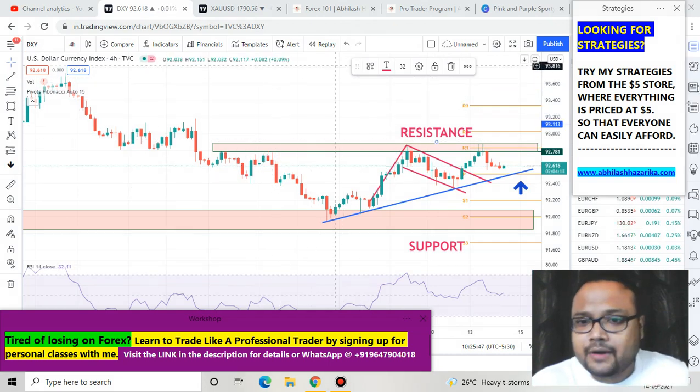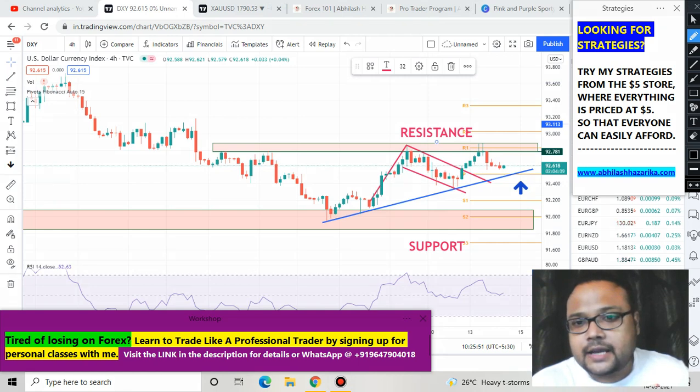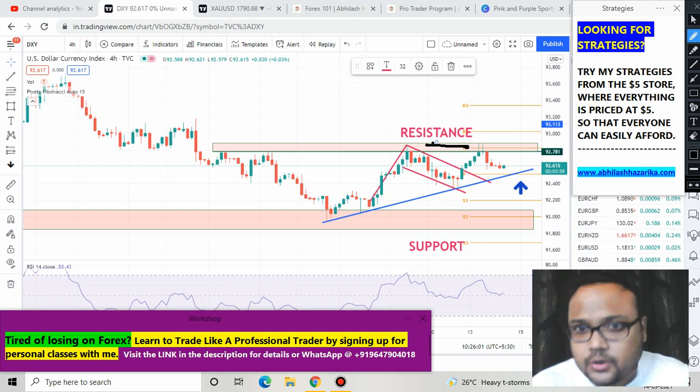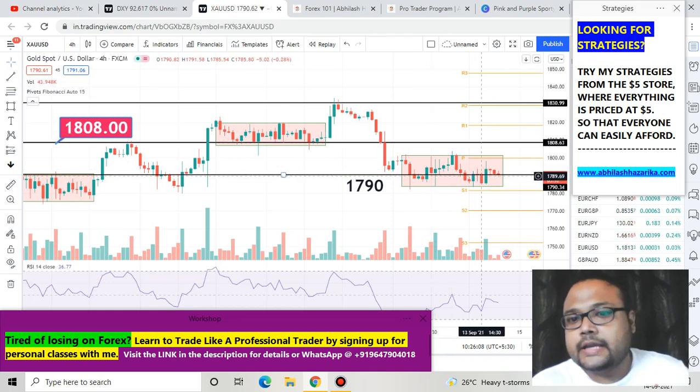As expected, the market did go up yesterday, and after reaching this level, it faced selling pressure, or there was a resistance at this level. As a result, the market failed to cross the level and went down, and during this candle, gold also formed a big green candle.